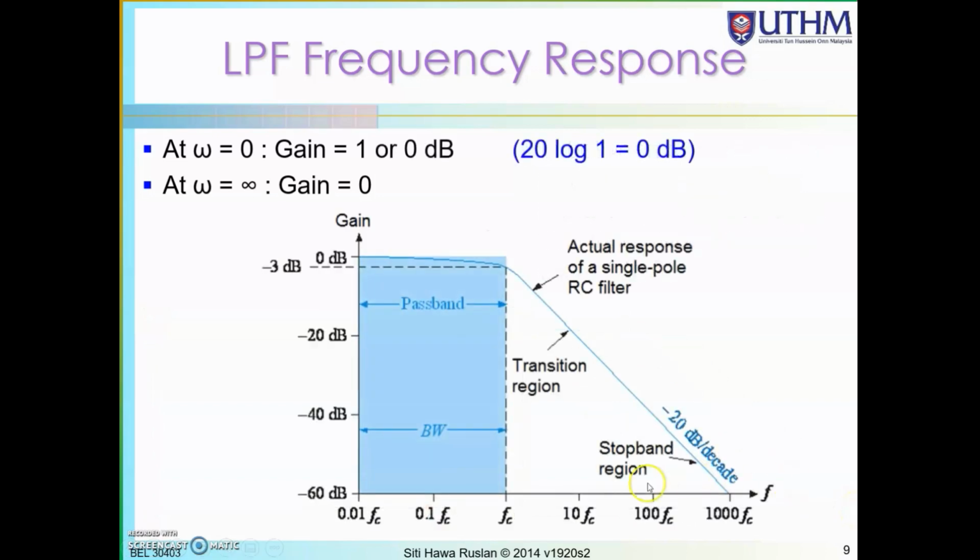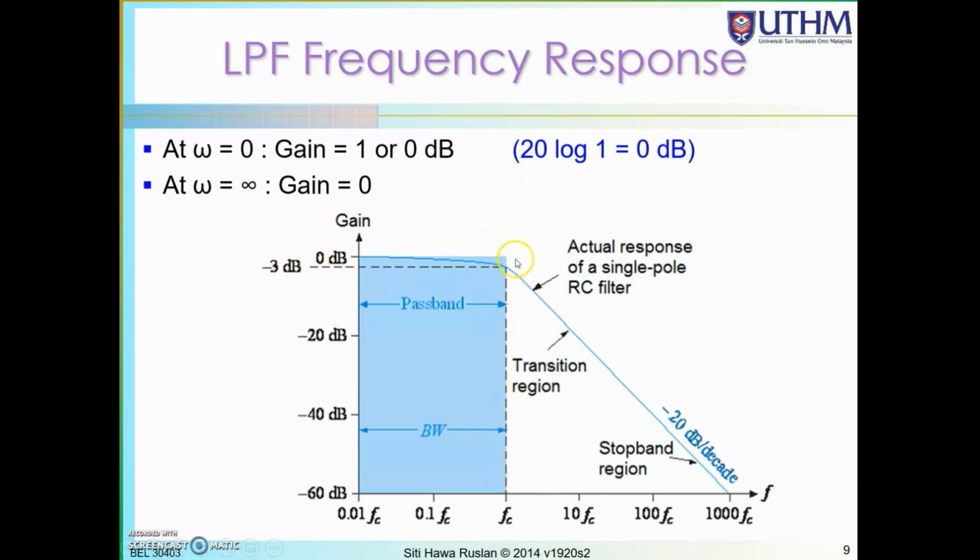This is another view of the frequency response. The maximum gain is 1, so 20 log of 1 is 0 dB, and you plot 0 dB over here. At the cutoff frequency FC, the gain will be reduced by 3 dB, so at minus 3 dB, this is the cutoff frequency.